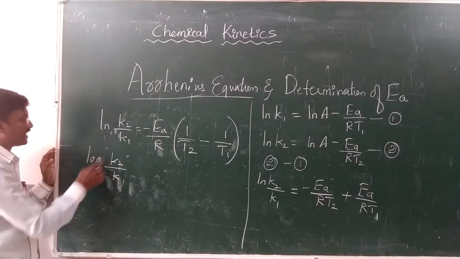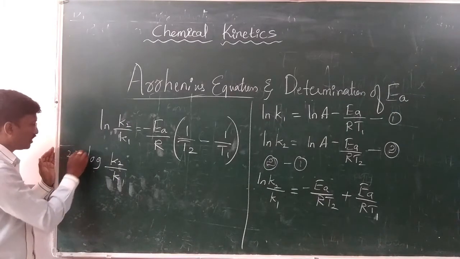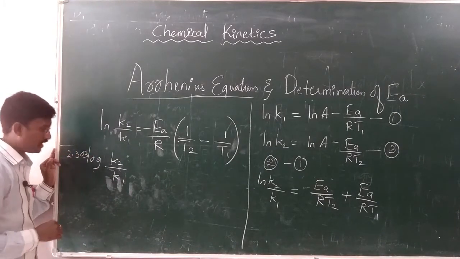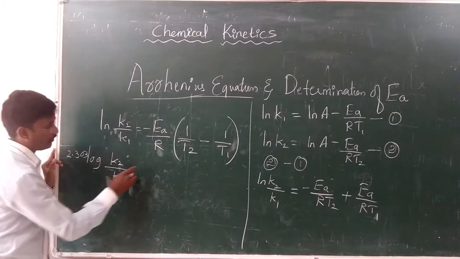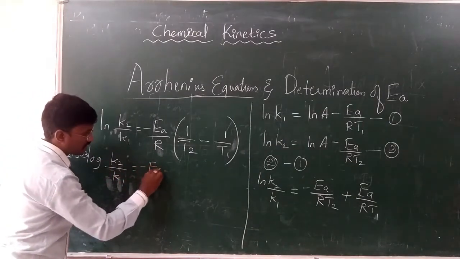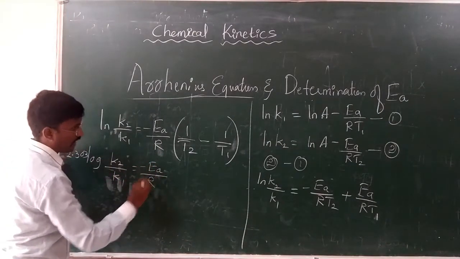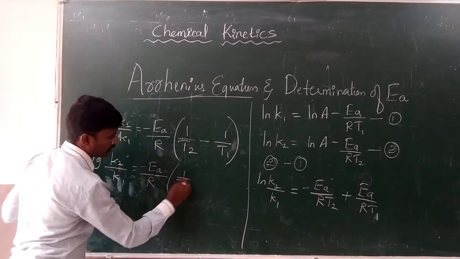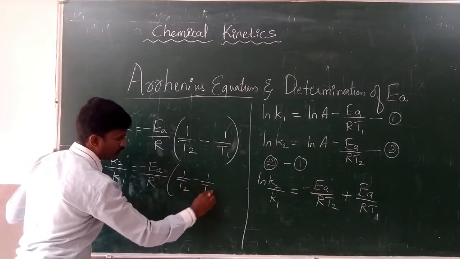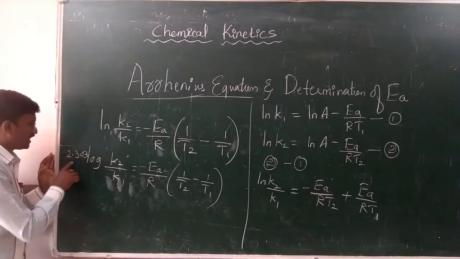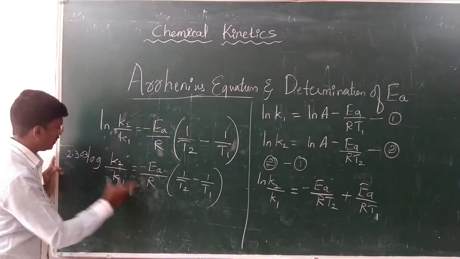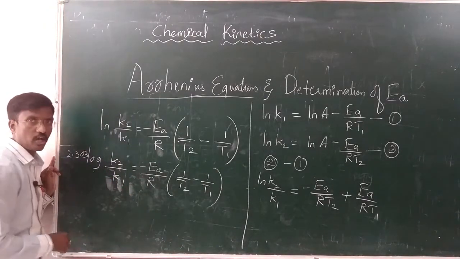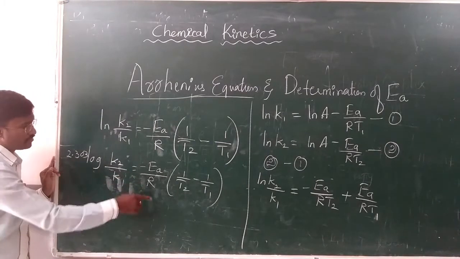To make this ln as log, we have to multiply by 2.303. 2.303 log K2 by K1 is equal to minus EA upon R, into 1 upon T2 minus 1 upon T1. And when we move 2.303 to the right side, the numerator moves to the denominator and it becomes divided.